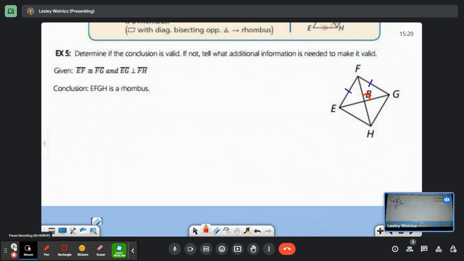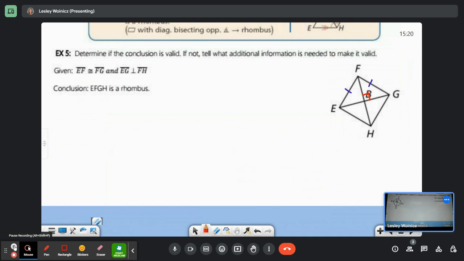So is this a rhombus? Someone is saying no. Do you agree or disagree?